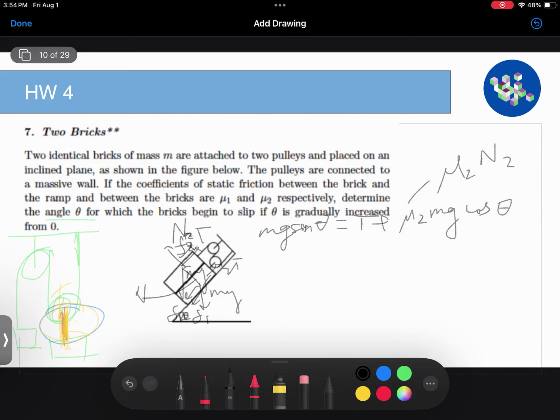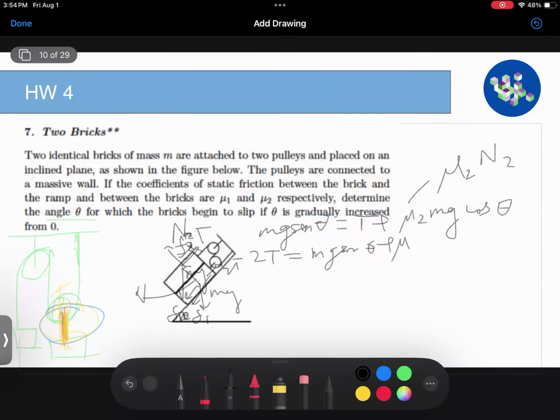Then for the bottom block, what do we have? We have pointing up the ramp 2T, right? So 2T equals mg sine theta. This is the component that points down the ramp. Mg sine theta, and then plus what? And then plus the two frictional forces, right?